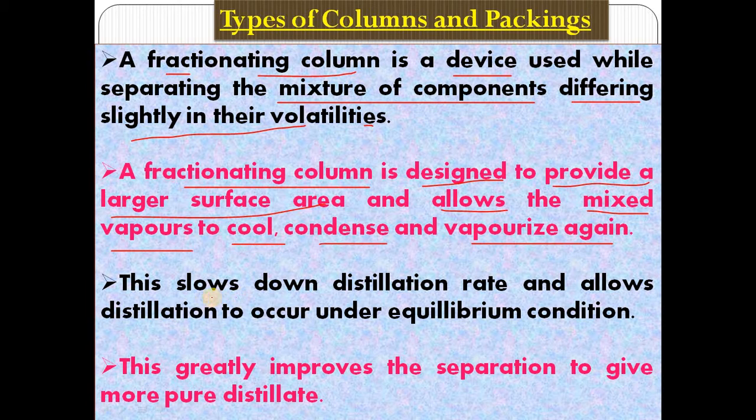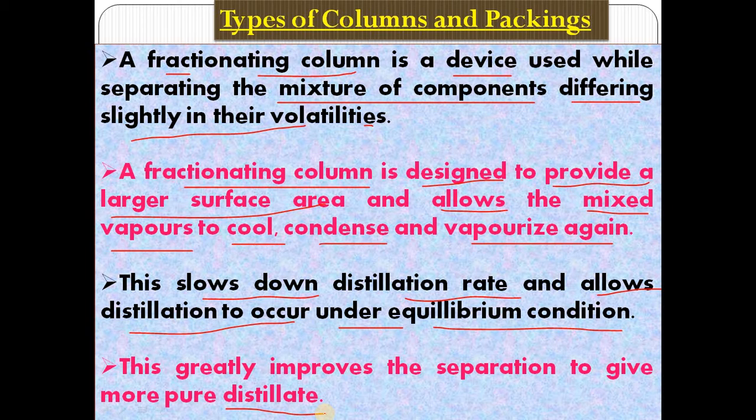This slows down the distillation rate and allows distillation to occur under equilibrium conditions. Vaporization and condensation are carried out several times, which greatly improves the separation process, and we get a pure distillate.